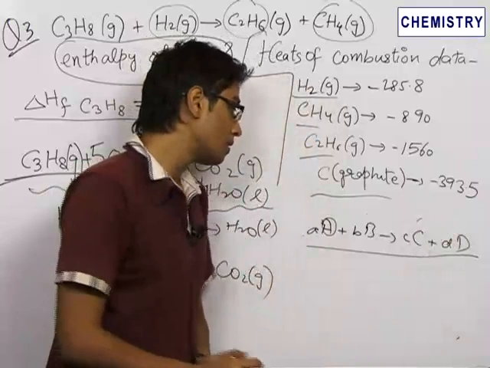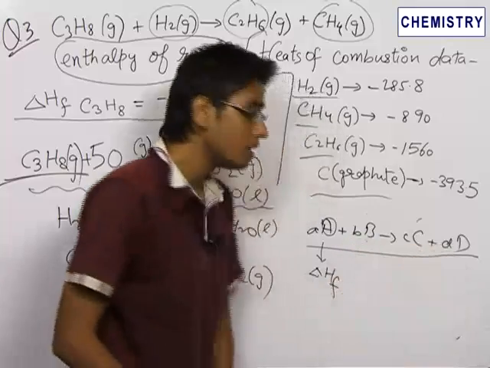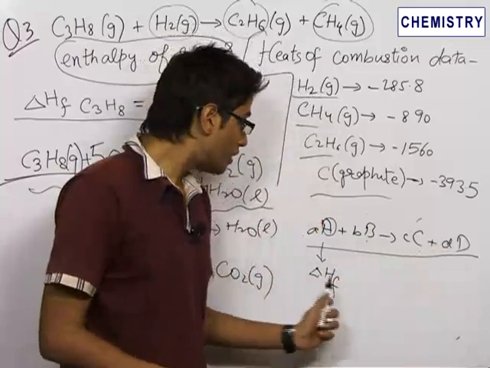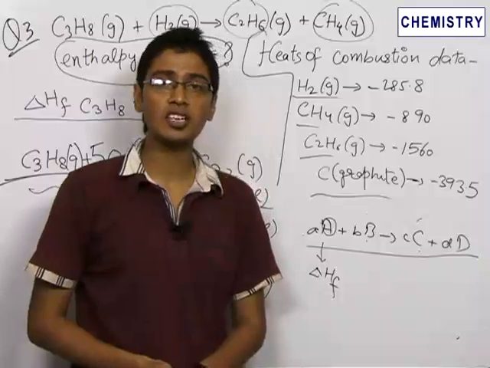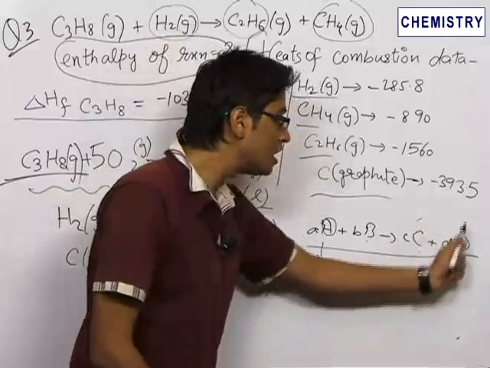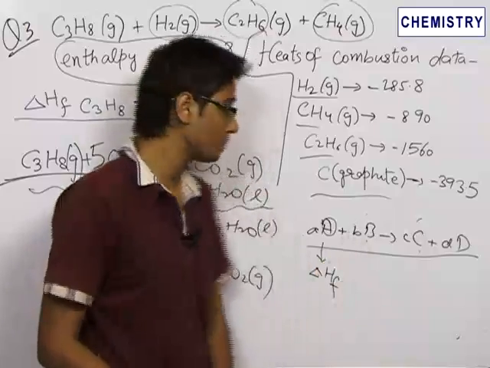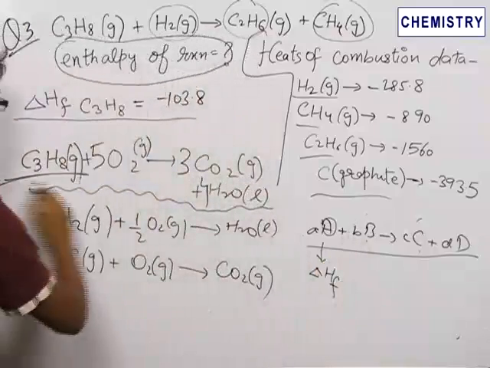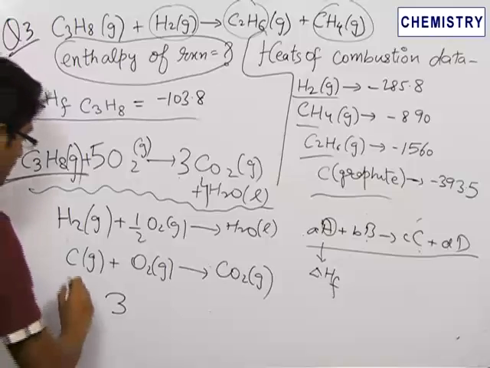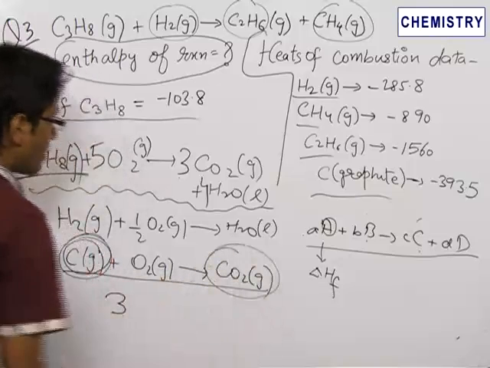In a similar way, if we are given the heats of formation, not the heats of combustion, of A, B, C and D, then as in the case of heat of combustion we had reactants minus products, in the case of heats of formation we have the enthalpy of a reaction as products minus reactants, that is c into heat of formation of C plus d into heat of formation of D minus a into heat of formation of A minus b into heat of formation of B. So the enthalpy of this reaction will be equal to 3 into heat of formation of CO2, which is the same as the enthalpy of combustion of carbon, because the enthalpy of combustion of carbon is the same as the enthalpy of formation of CO2.